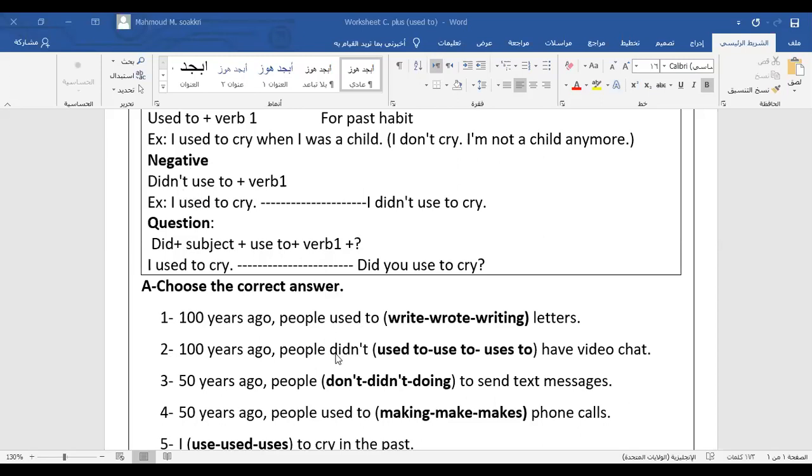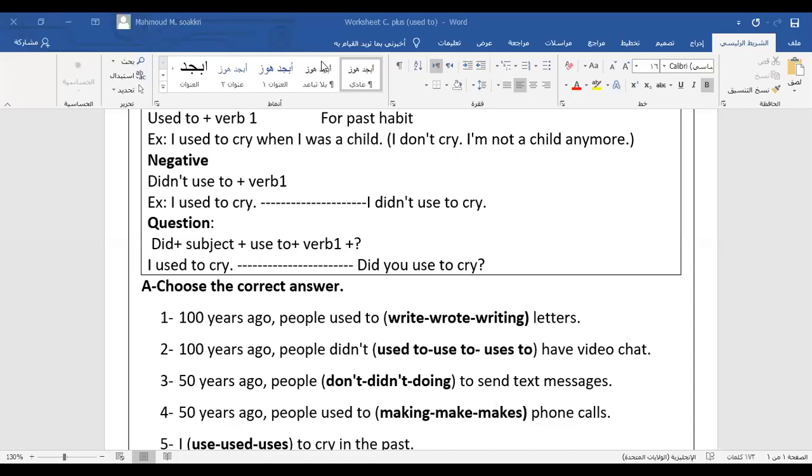So here we use didn't use to, or didn't used to, or didn't uses to. Use to. Excellent. Thank you. 100 years ago, people didn't use to. Thank you, Mazen. Well done, Mazen. Mute yourself, please, Mazen.